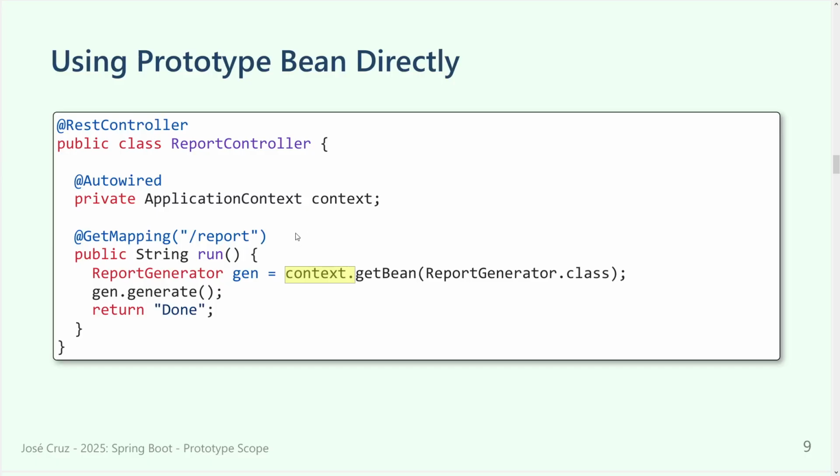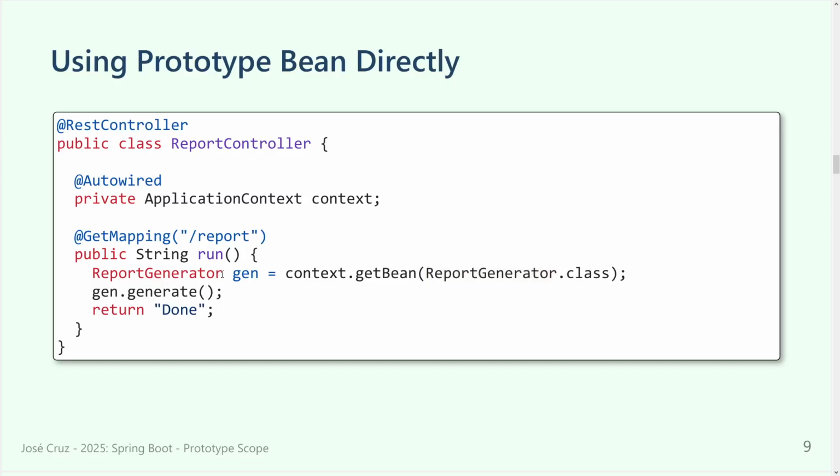But in this case, since you want a new instance every time one of these beans is requested, it's not a web request. The request here is implicit, it is this line, context.getBean, and we provide here the class of the bean, and Spring Boot will go internally to the bean registration and check, okay, do I have any bean of this type? I have, it's a prototype, I'll create a new instance and return it here, and I will generate the report and return a done.